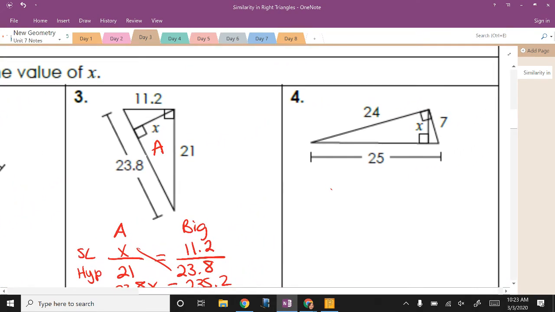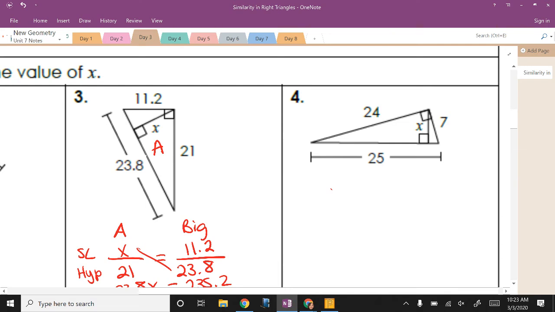Okay. This one looks like I can set up similarly. All right, which one do you want to be triangle A? The one to the left or the little one to the right? Now, if we use the little one to the right, I'm going to use long leg, right? Y'all see that? Because x is the long leg of this little one.